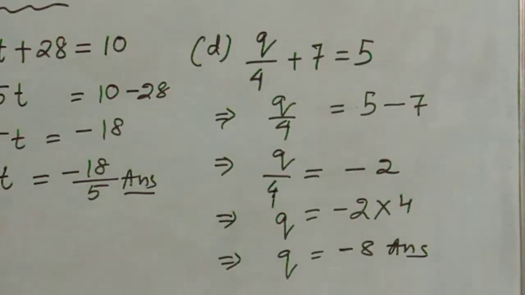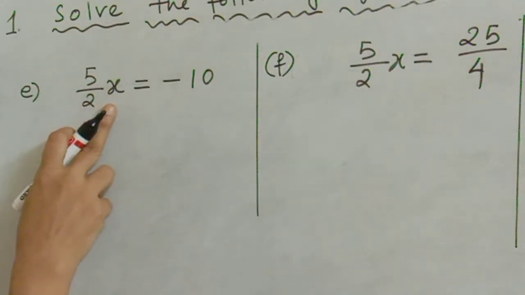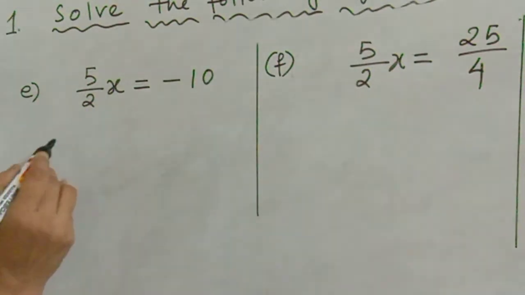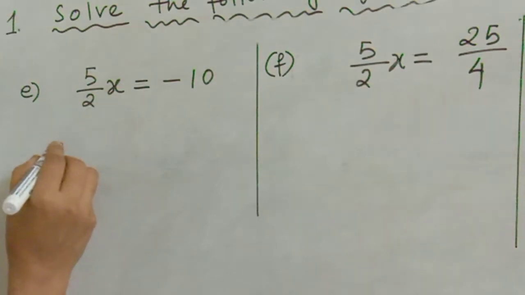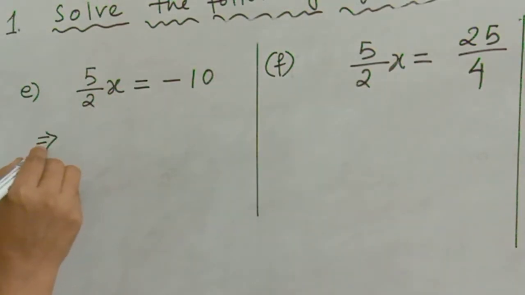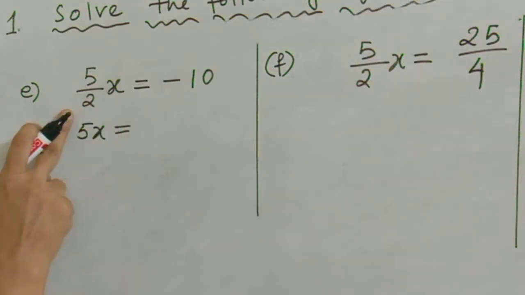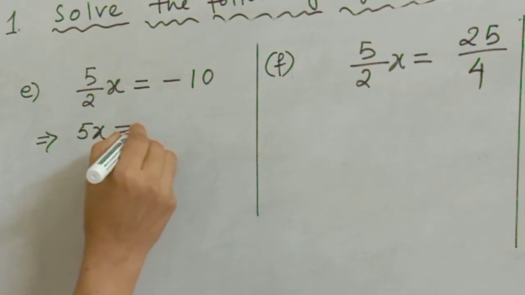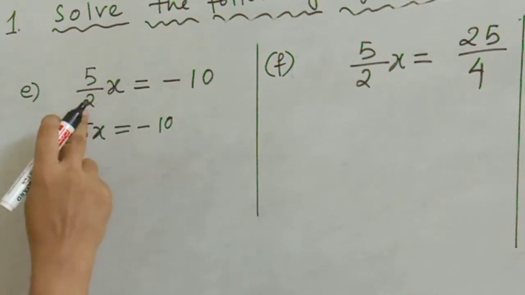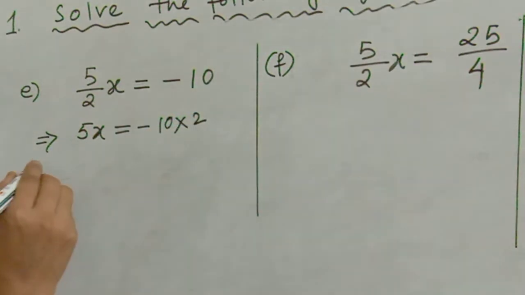Next question number E. 5 by 2x is equal to minus 10. So 5 by 2x, we need to separate the variable again. So 5x is equal to, 2 was divided here, so 2 will go to the right side by the transposing method. 10 and 2 was in the division, multiply it.